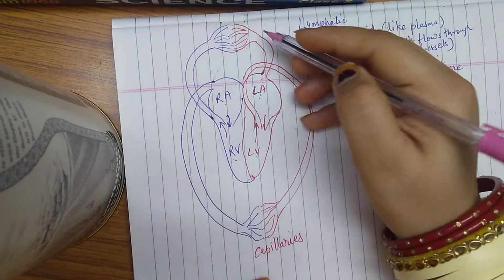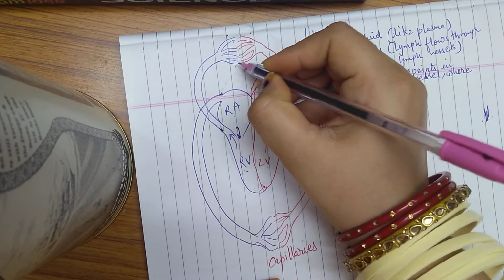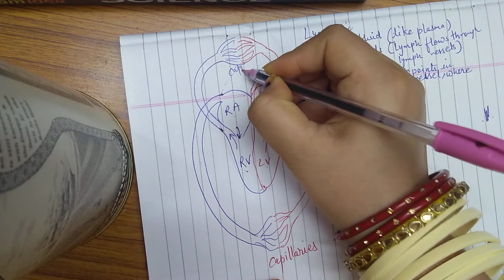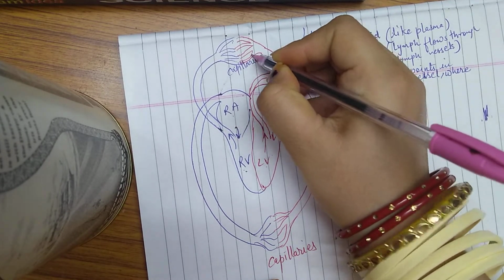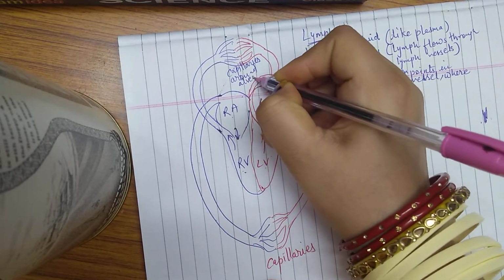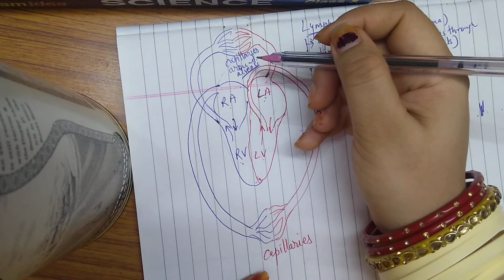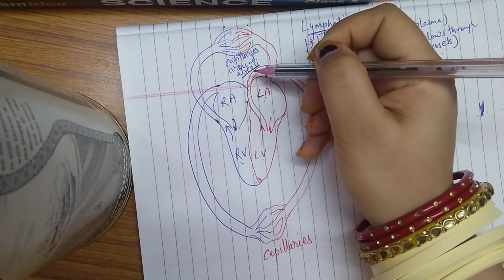Now from lungs, these are some capillaries around the alveoli. Alveoli are present in lungs, where the exchange of gases takes place between capillaries and alveoli.